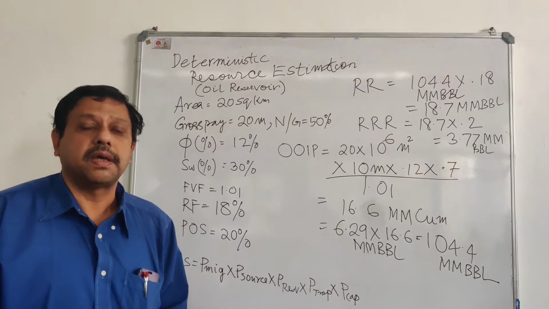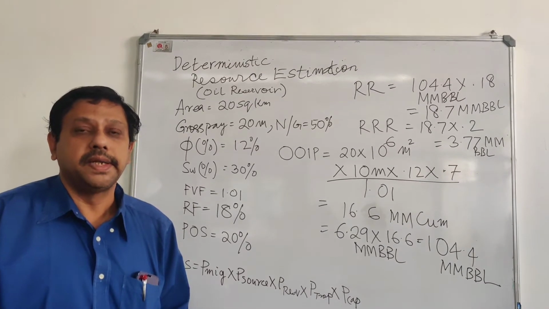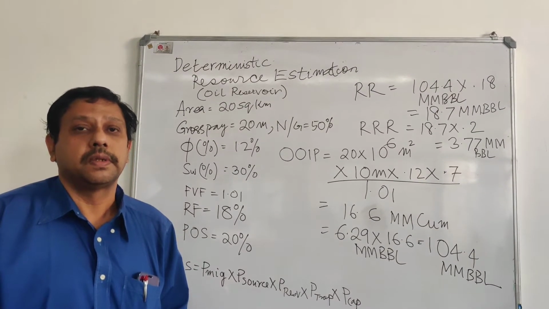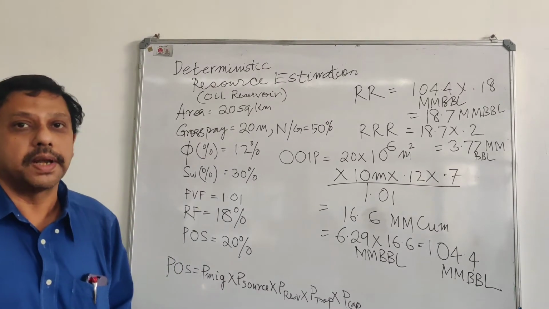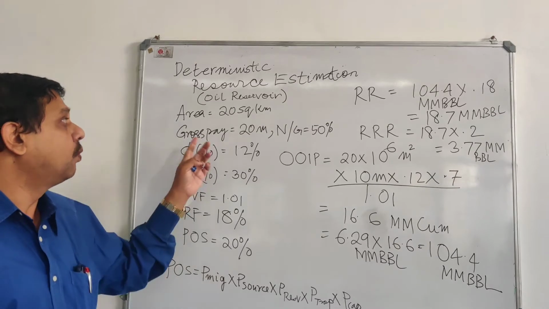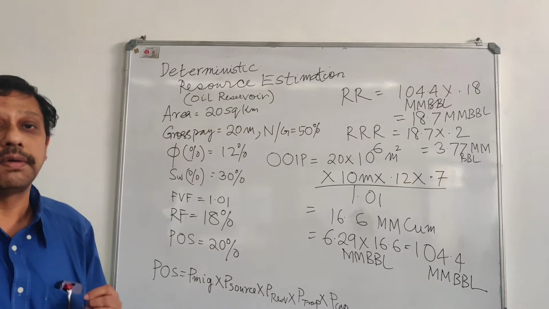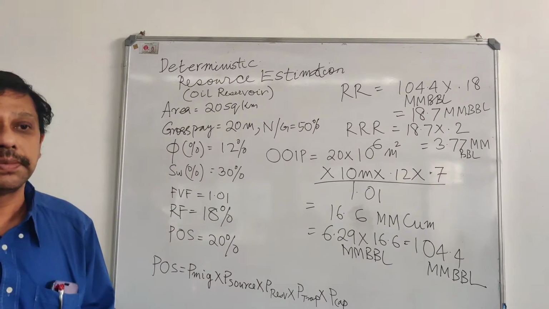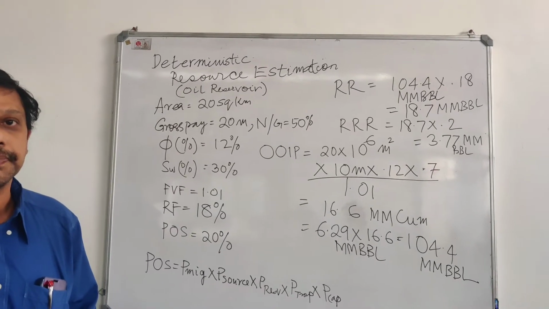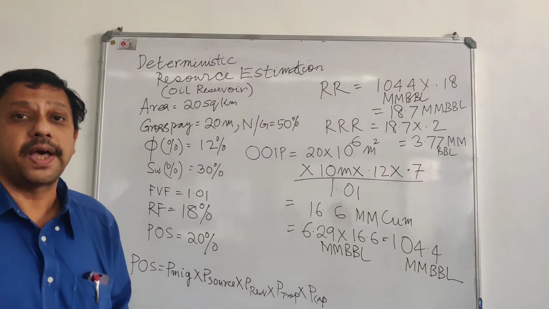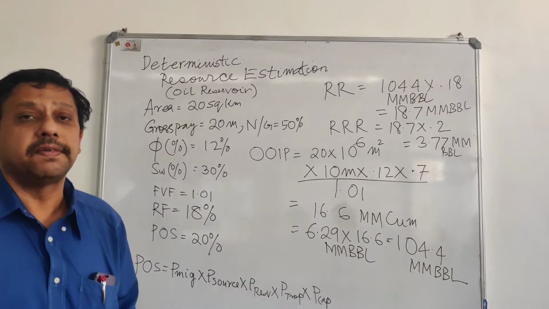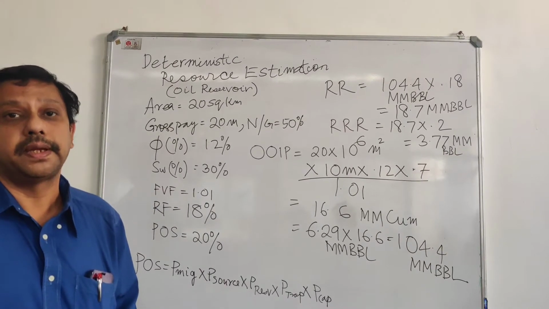In my classes, I have told you that deterministic resource needs to get converted into a stochastic manner, because you can understand there is no one number for area. You have a minimum area, you have a maximum area, you have a most likely area. You have drilled 5 wells in your block and the 5 wells have given different pay thickness.